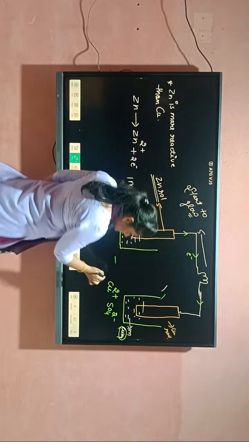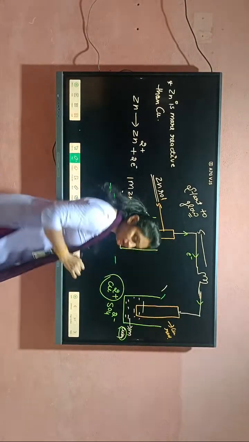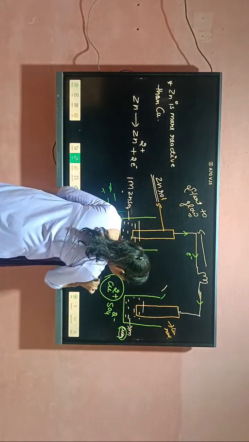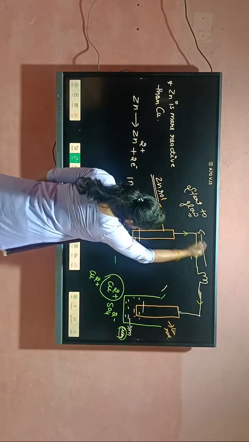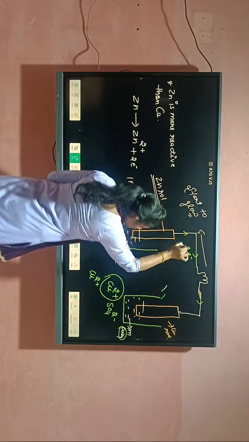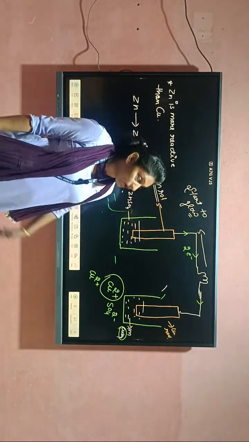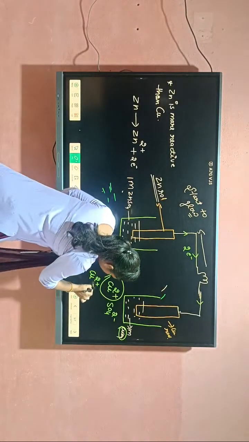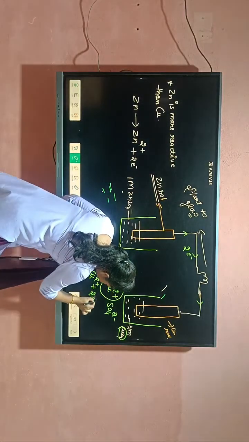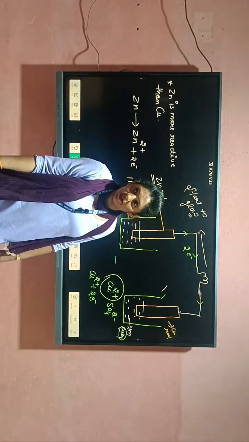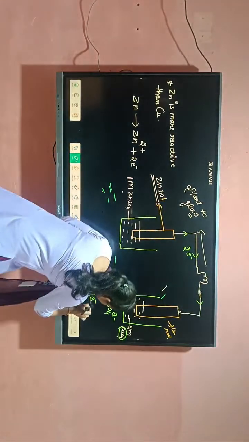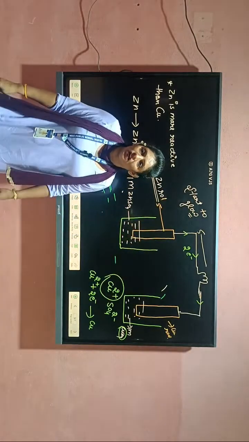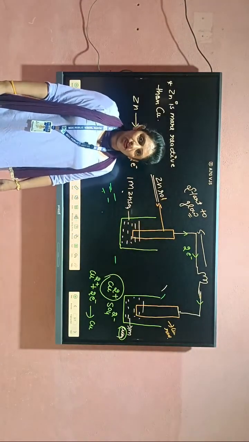So these copper ions will gain these electrons, the electrons which are passing from this wire. These electrons are gained by the copper ion, and the ion will convert into the metal.